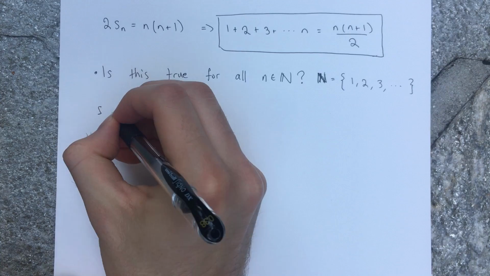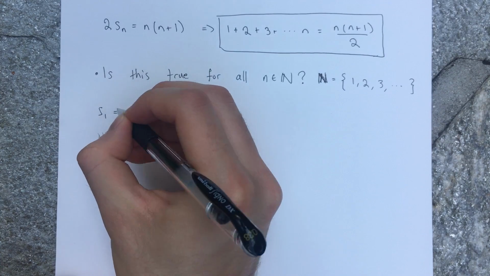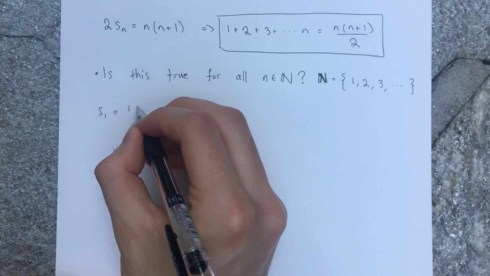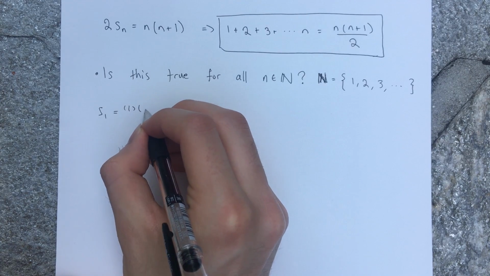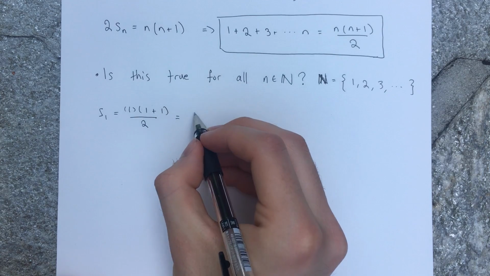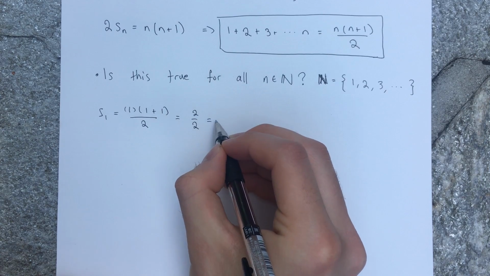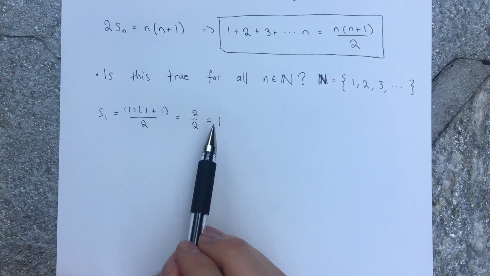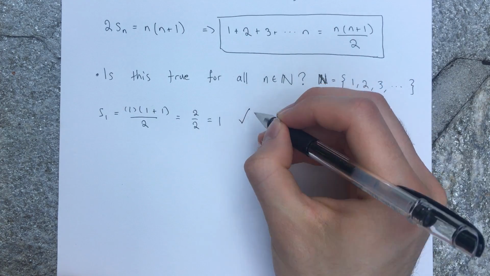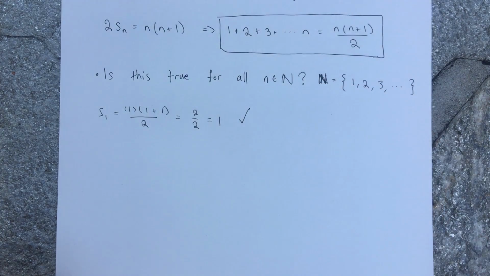So let's find S of 1 using this formula. Well, S of 1, according to the formula, is just 1 times 1 plus 1 over 2. And this is just equal to 2 over 2, which is equal to 1. And the sum of just 1 is just 1. So we see that this is indeed true for S1.